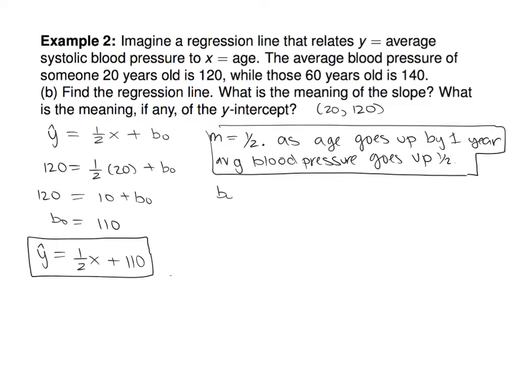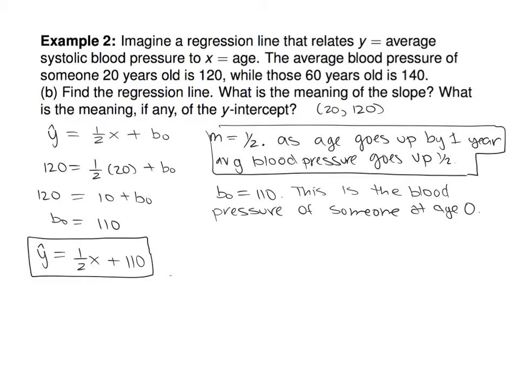Now for the y-intercept, which is 110, this is the blood pressure of someone at age 0.